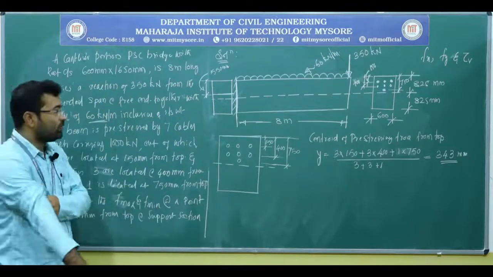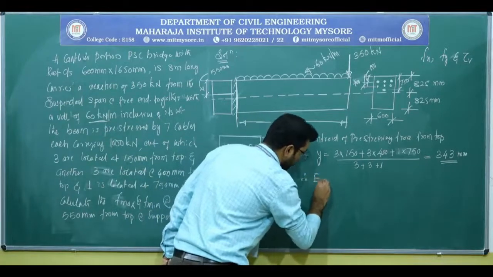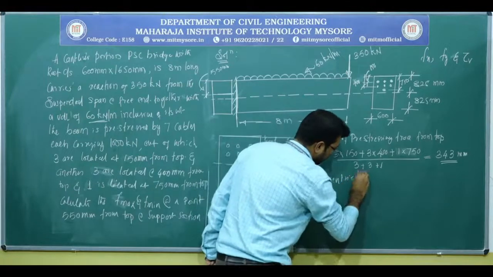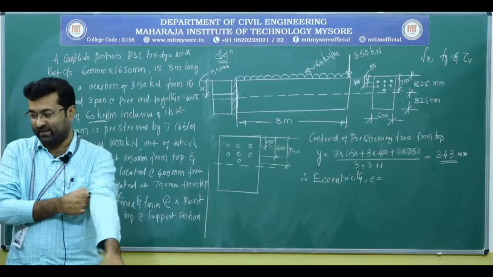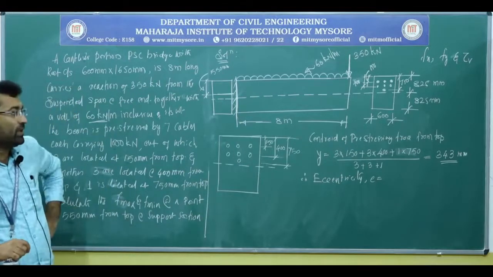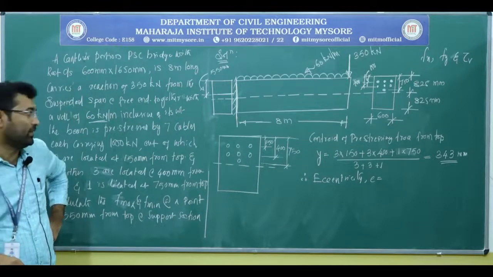Okay. Now, how much is the eccentricity? Therefore, eccentricity is equal to. So, what is eccentricity? Eccentricity is the distance between the neutral axis and the center of the cable.